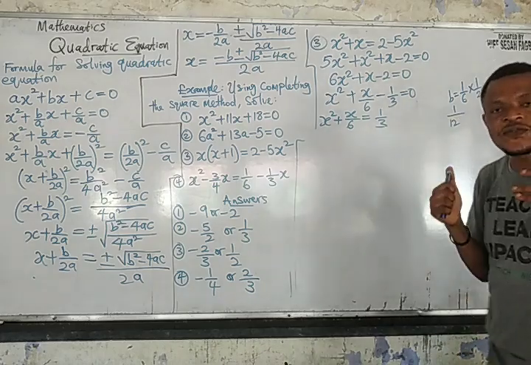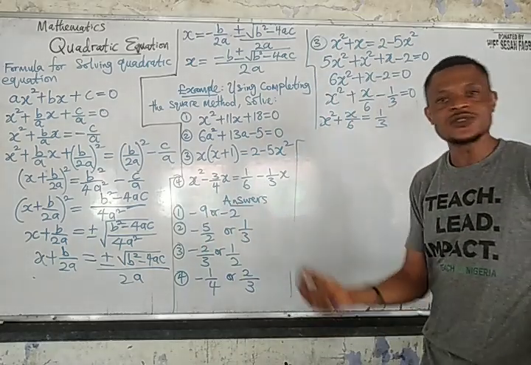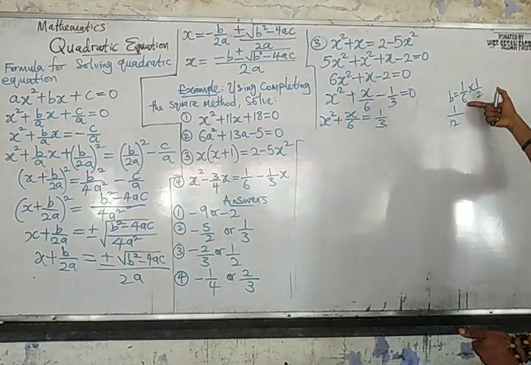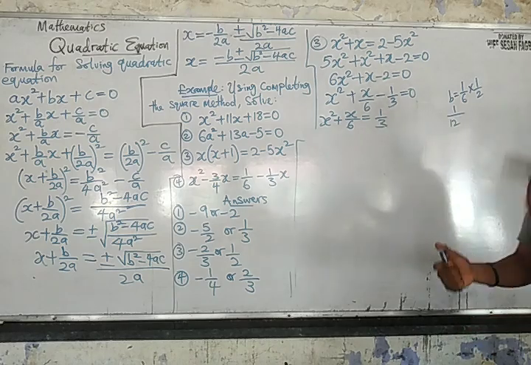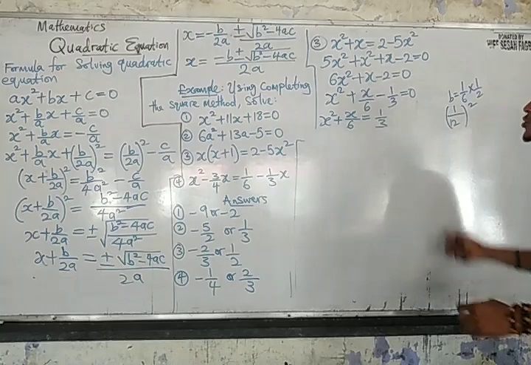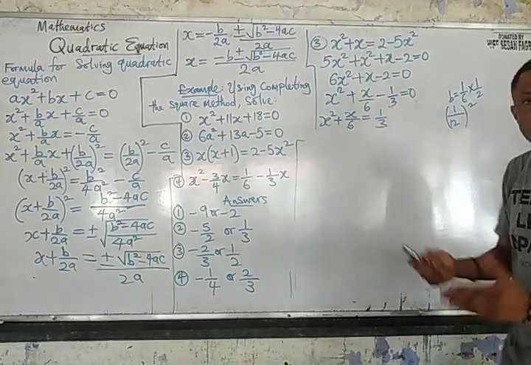But the intention is to find the half of the b, square it, then add it to the left and to the right. So we have gotten our b, which is 1 over 6. We have gotten the half of it, 1 over 12. Now let's square it. So to square it, we have it raised to power 2. This value will be added to the left side and to the right side of the equation.